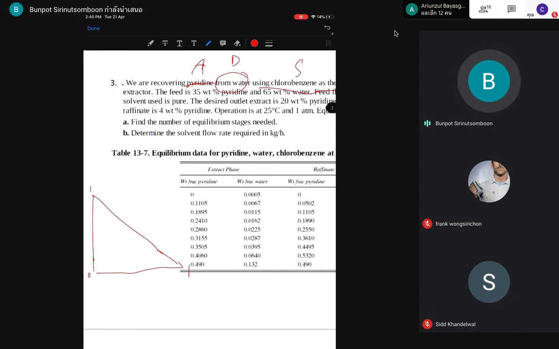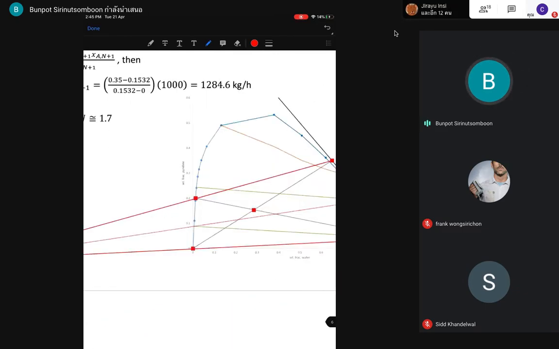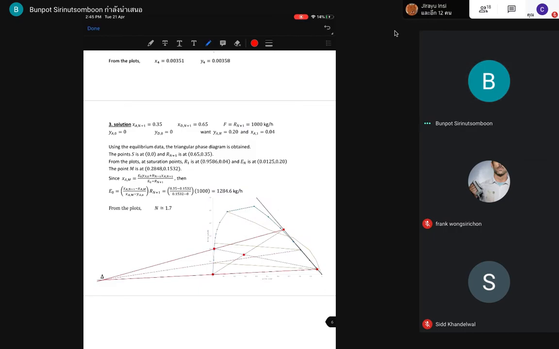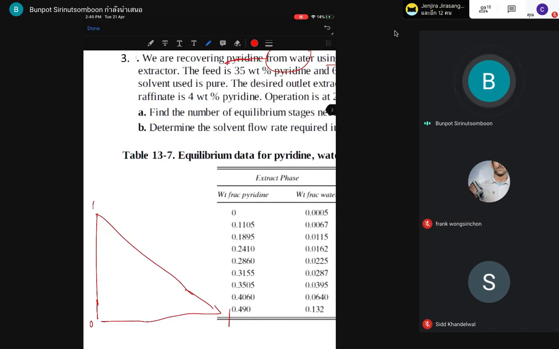For the vertical line, this is the weight fraction of pyridine, A. So 1.0 A here, and the diluent is at this end. D is at this end, and then you have the solvent right here.